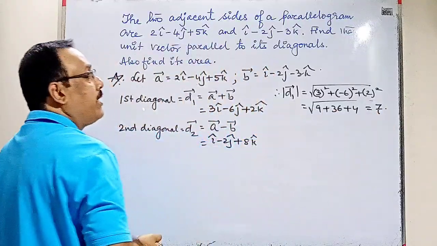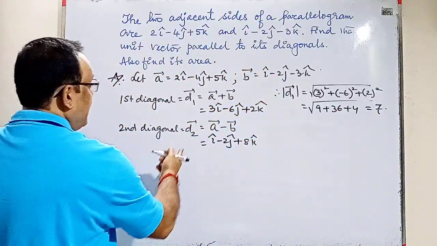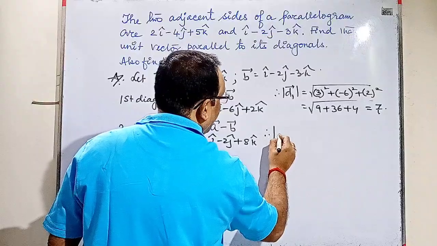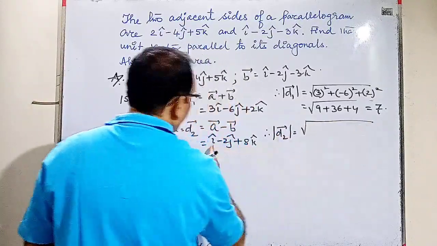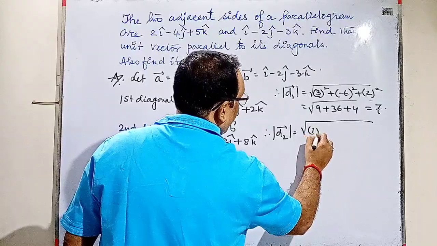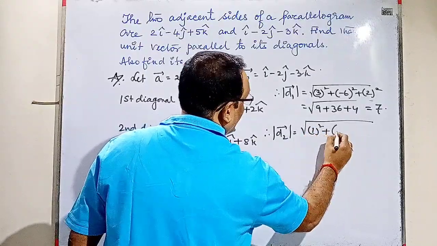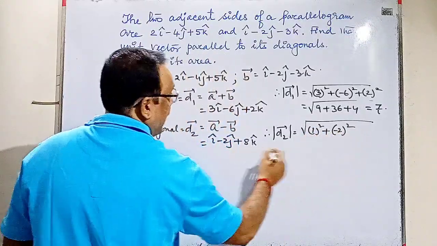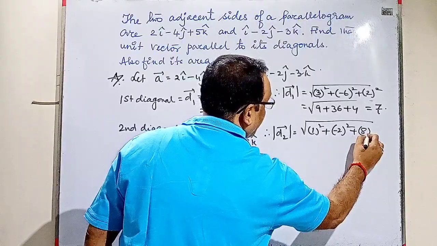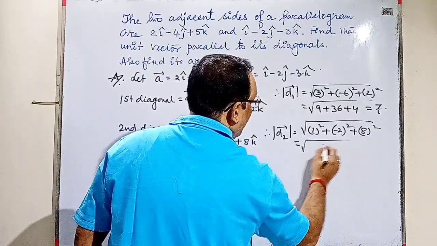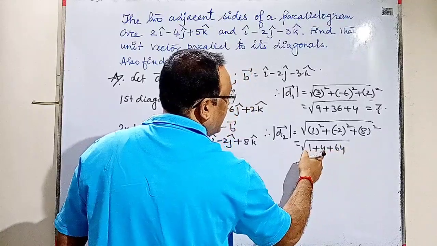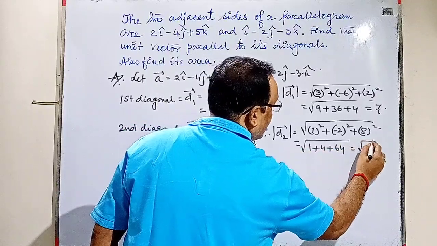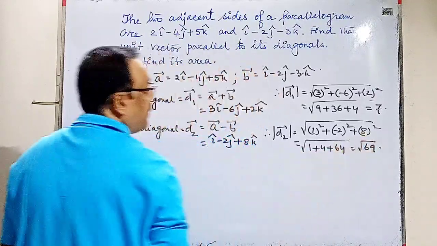So the magnitude of diagonal 1 is 7. Similarly, the magnitude of diagonal 2 will be root over 1 squared plus minus 2 squared plus 8 squared. So this will be root over 1 plus 4 plus 64, 65, 69. So this will be equal to root 69.